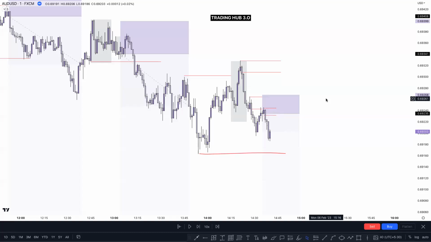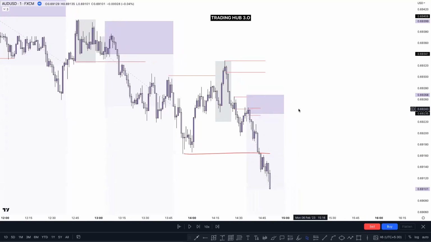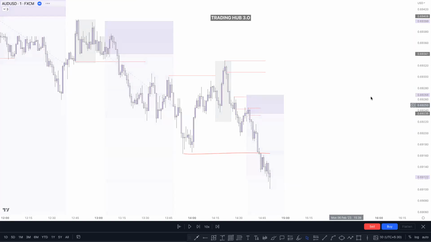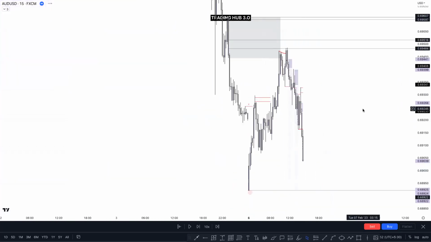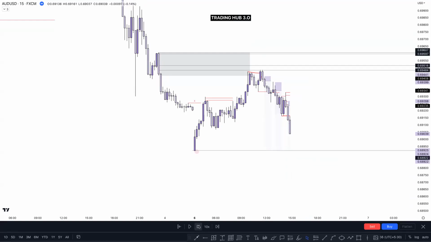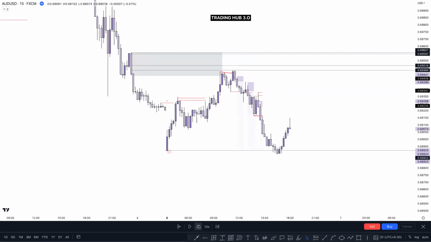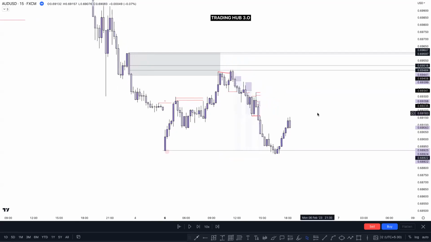Okay, so let's see what's happening here. Okay, no mitigation. Now again, you have to switch here to a 15-minute time frame to check the previous candle if everything is fine or not. Let's see. Okay, right, and it broke this low and all targets achieved here.